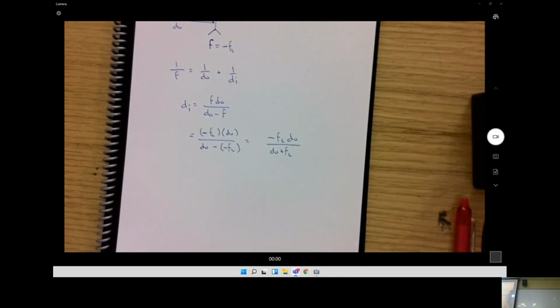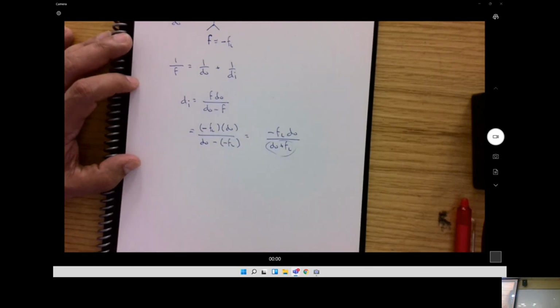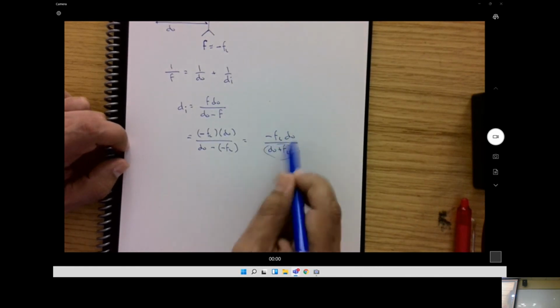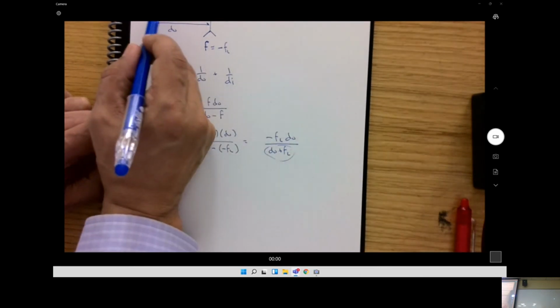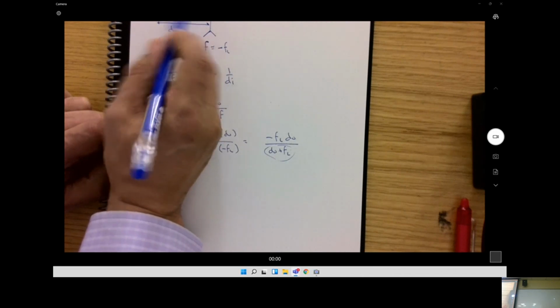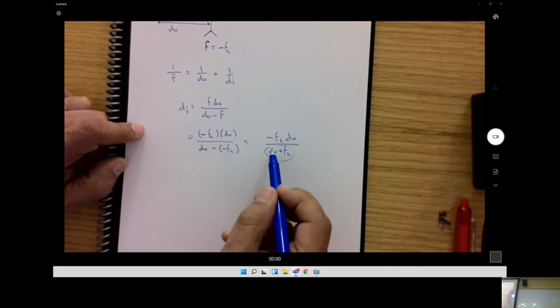Okay, so one of the things that we always assume when we're working with lenses is that the object is going to be to the left of the lens. So the distance to the object is always going to be positive. So it means that this denominator is always going to be positive when we're working with negative lenses. Okay, but the numerator is always going to be negative. It doesn't matter where you put the object, before or after the focal point, you're always going to have a negative distance to the image.